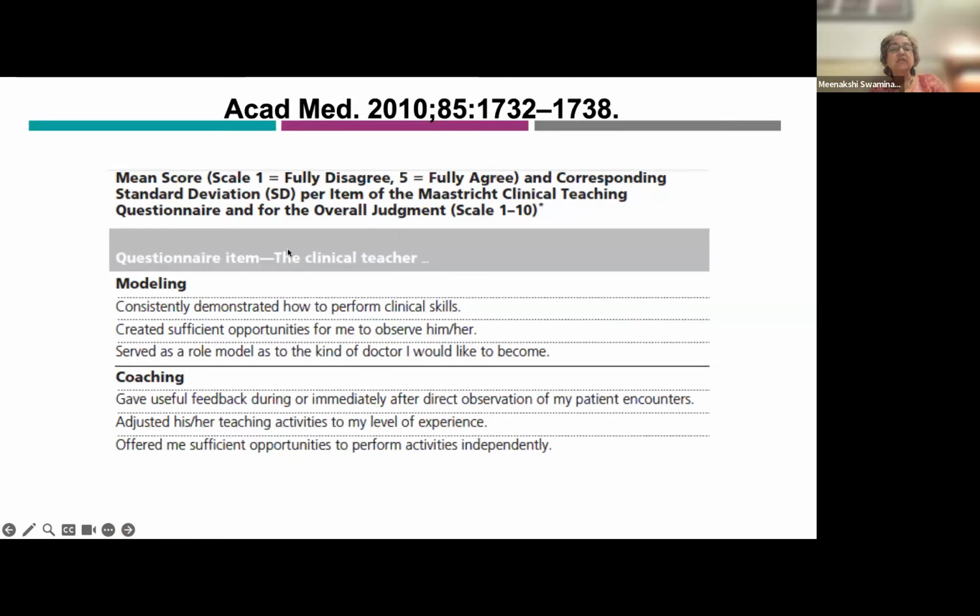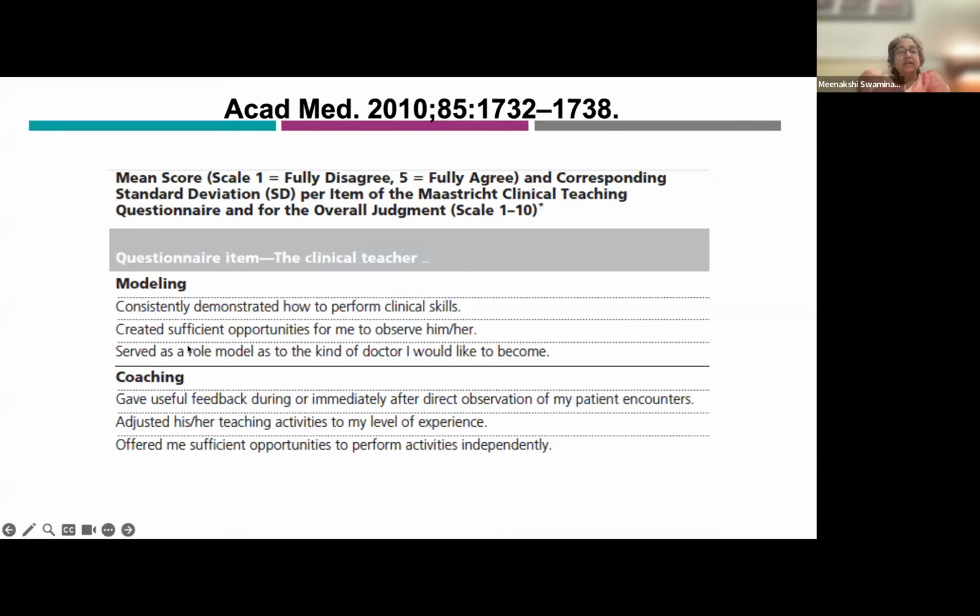What are the domains in which the clinical teacher is evaluated? Modeling, for example: the teacher has consistently demonstrated how to perform clinical skills, created sufficient opportunities for me to observe him or her, and served as a role model as to the kind of doctor I would like to become, and so on.